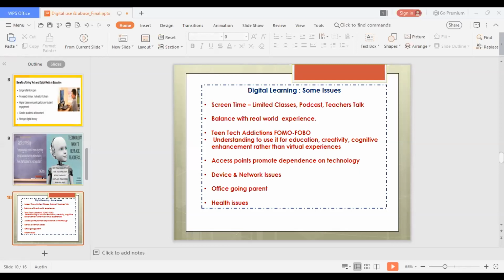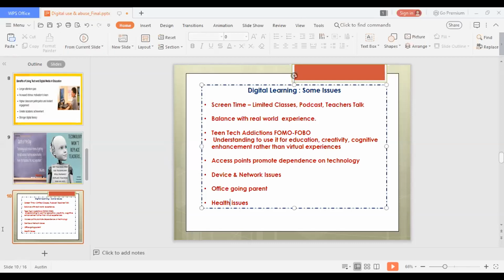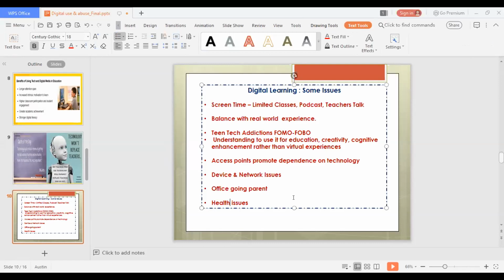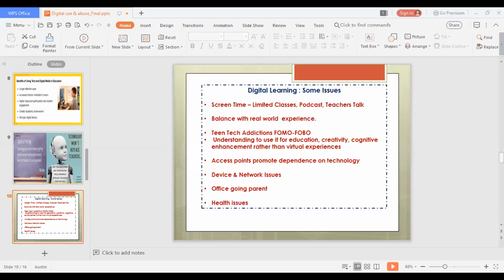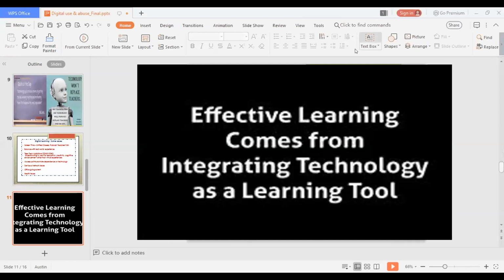Check the mouse. Where is the mouse? Ms. Bhargav, ma'am, I think there are some issues with your connectivity because we are seeing that your audio is cutting in and out.